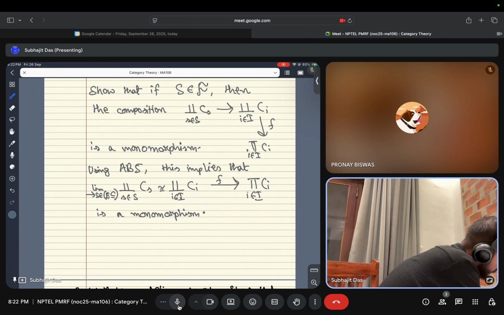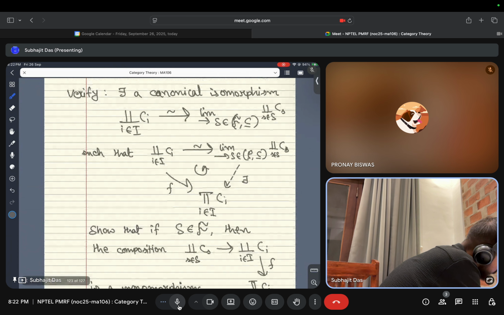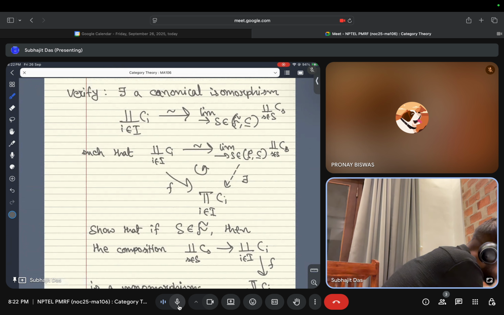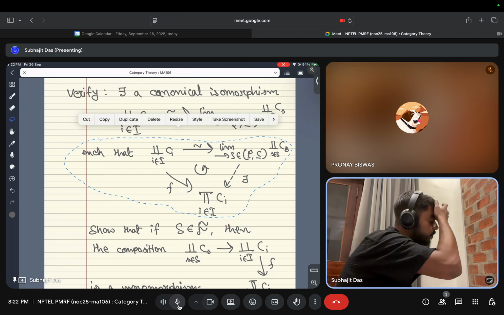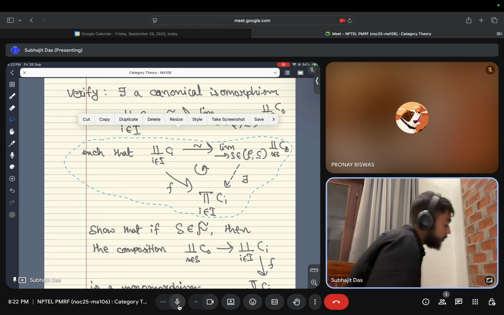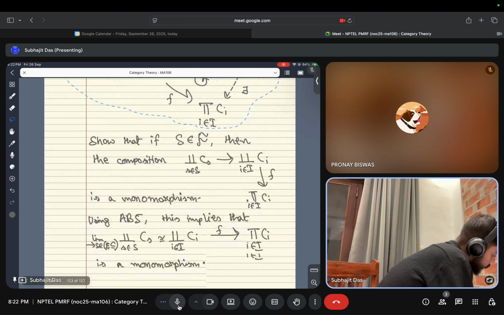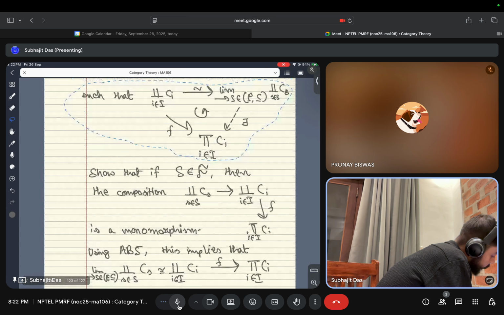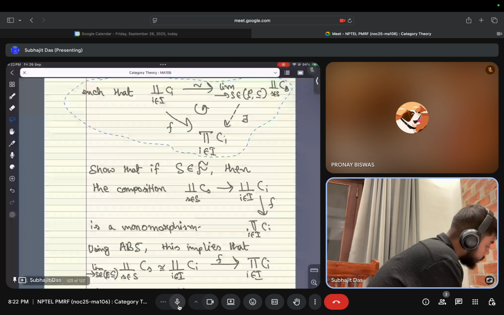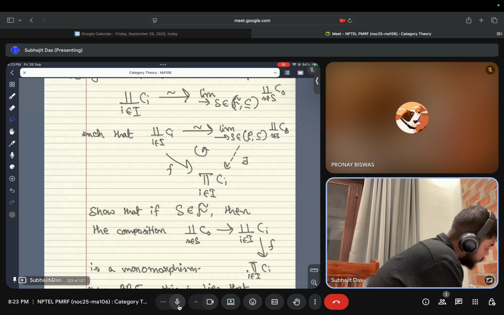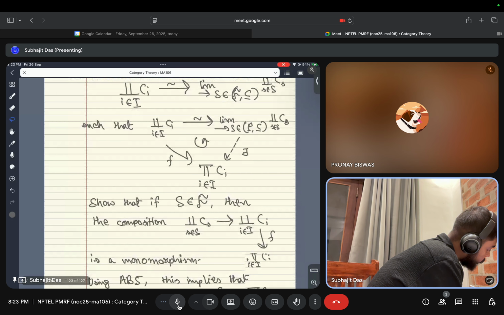Of course, there will be a canonical isomorphism making this commute. There's no harm in writing this, provided it doesn't confuse.